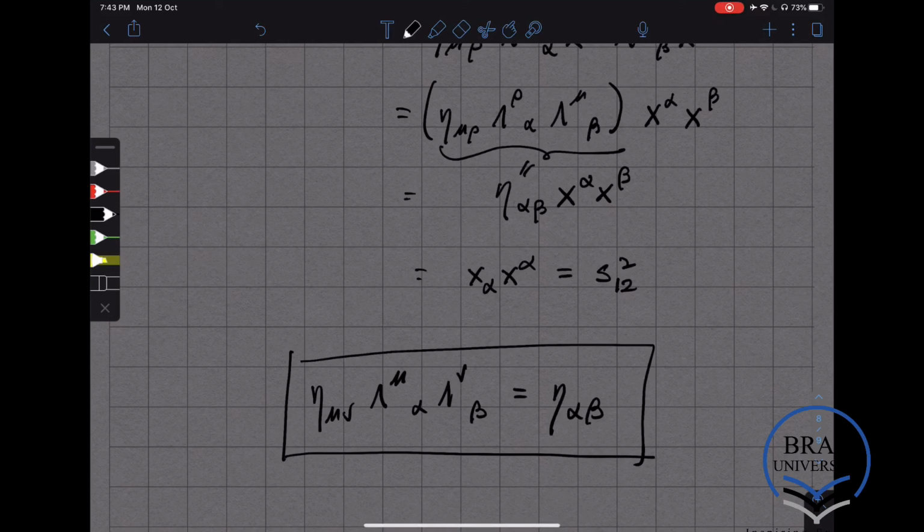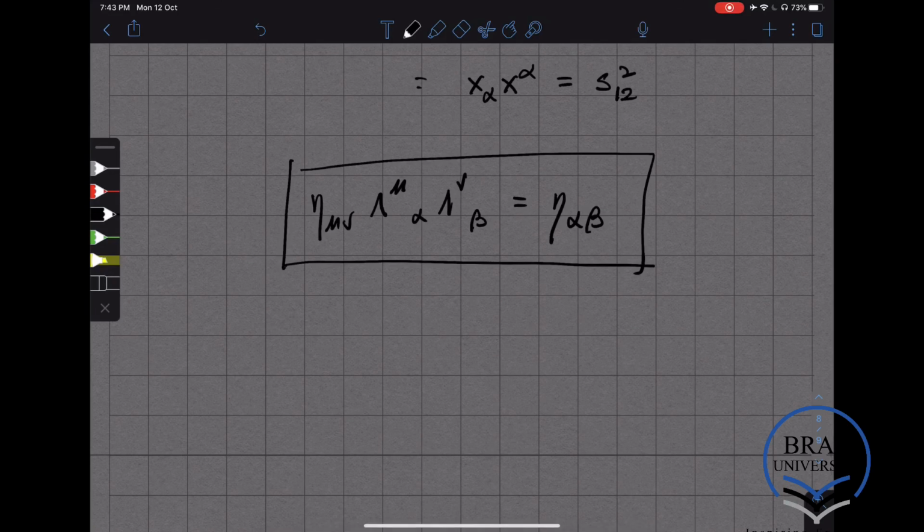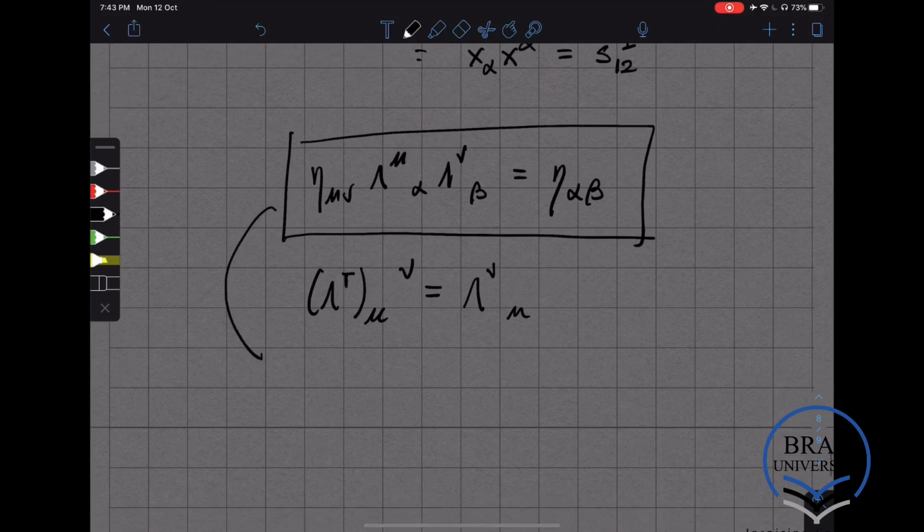Now, what we can do is introduce the transpose matrix of Λ, where this is the transpose, the μ row and the ν column, given by Λ^ν_μ. If I do this, then I can write this as a matrix equation. Let's just rearrange everything.